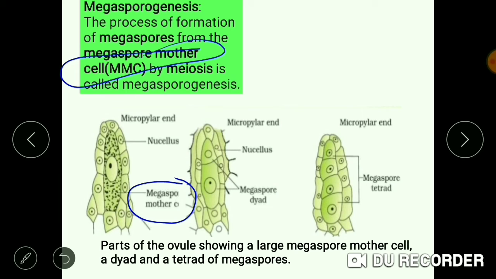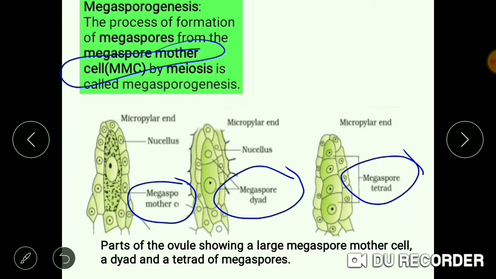After meiosis 1, division of the nucleus takes place. It divides into two nuclei, and we get megaspore dyad. We get two cells after meiosis 1. After meiosis 2, we get 4 daughter cells, and they are termed as megaspore tetrad.